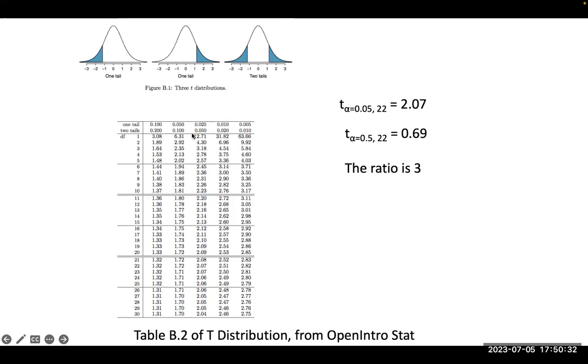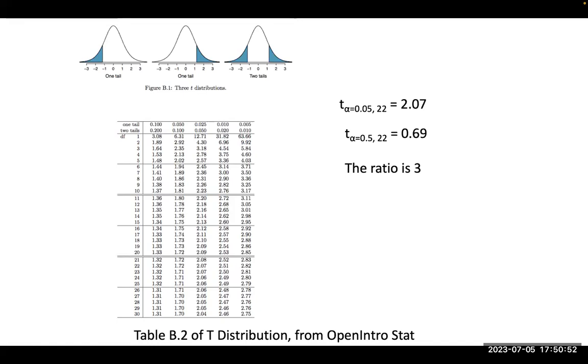The way you're interpreting this t table is that you first decide whether it's a one-tailed test or a two-tailed test. Once you know that, you find the column that corresponds with the alpha level that you're comfortable with and want to embrace for your study.